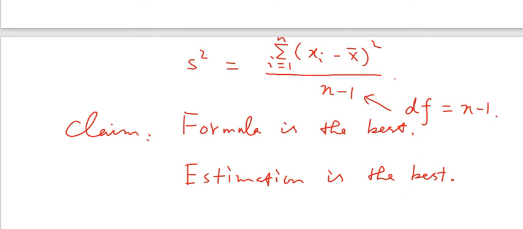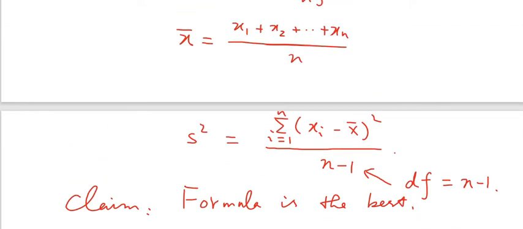But we still do not explain why we should divide by the degree of freedom. So now we can say that dividing by n minus 1 is better than dividing by n. So those formulas are the best ones. Using x bar to estimate mu is the best way.